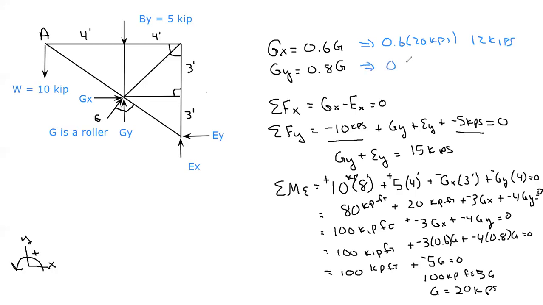Gy is 0.8 times 20 kips, which I think is 16 kips. If that's true, 12 kips minus Ex would give us that Ex is equal to 12 kips.